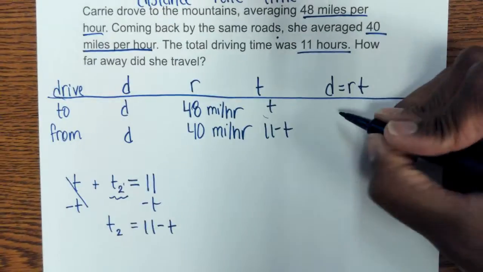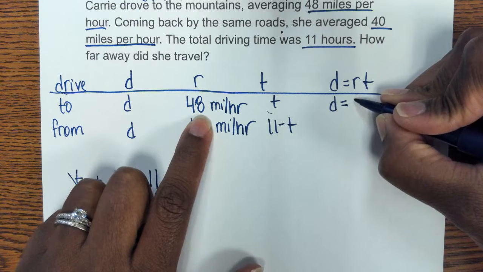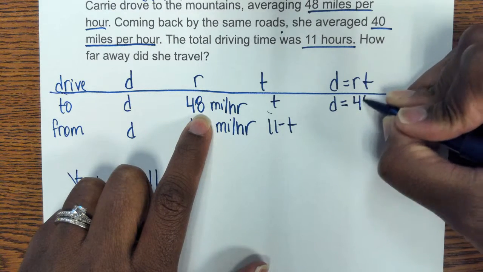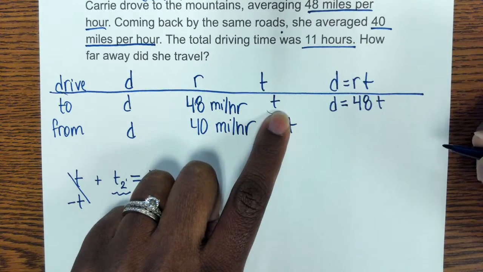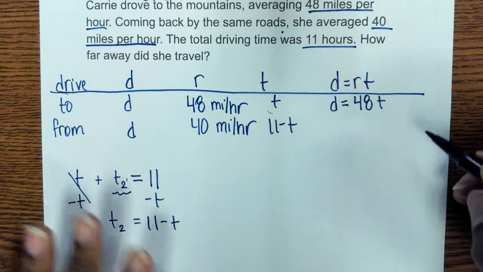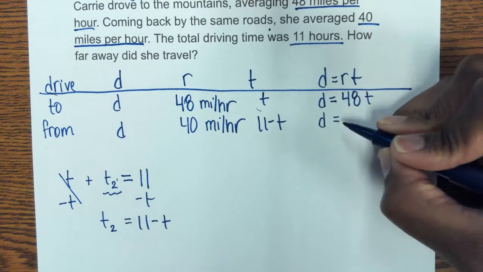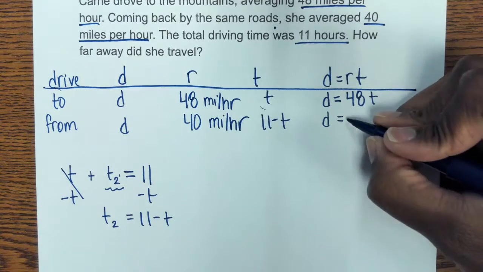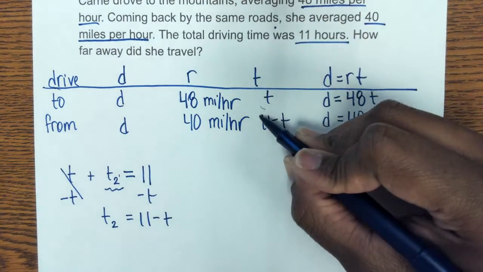All right, so let's put together our equations. Then we have that D is equal to our rate, which in the first drive was 48 miles per hour, times the amount of time that it took her to drive. And then I'm going to do the same thing with the second one. My distance is equal to, now this time she was going 40 miles per hour, times, in this case, this whole quantity.